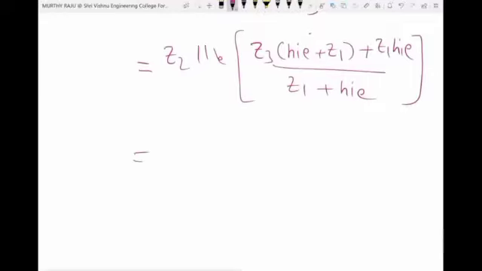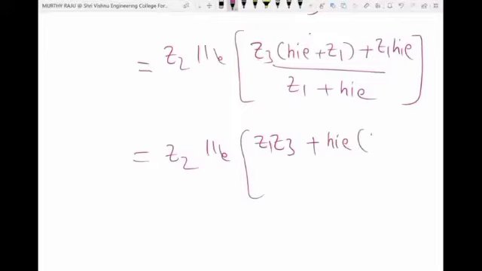That is equal to Z2 parallel with Z1 Z3 multiplied, Z1 Z3. Here Z3 HIE Z1 HIE is the common term, Z1 plus Z3 divided by Z1 plus HIE.